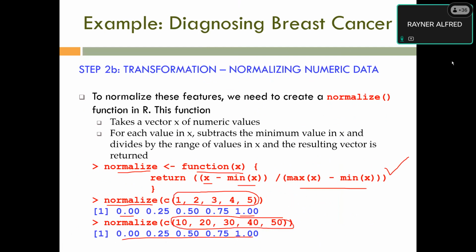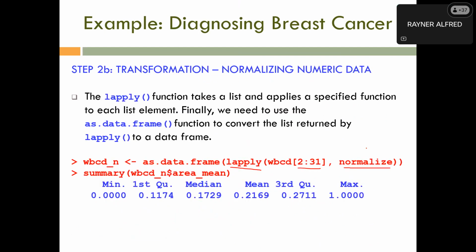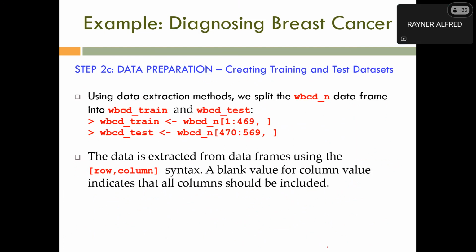So what we want to do here is that we want to apply the normalized function to all the features that we have in our data set, and I will create a data frame and put them as normalized data here. So notice that when we are looking at one of the features, our min and max is this one only.